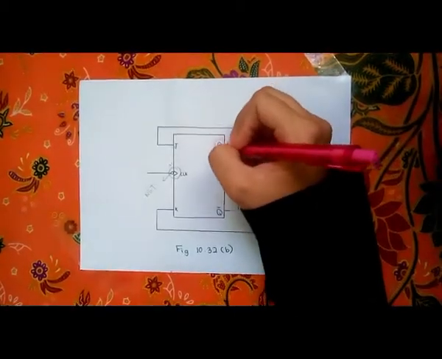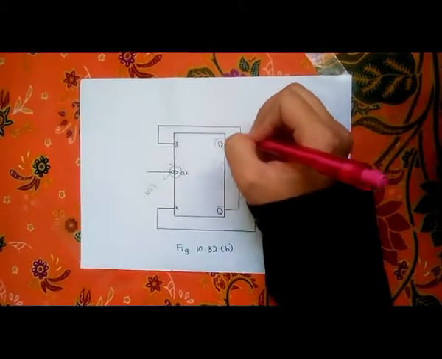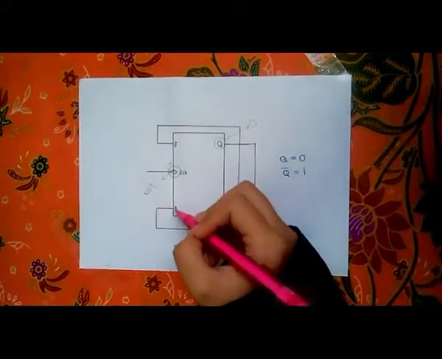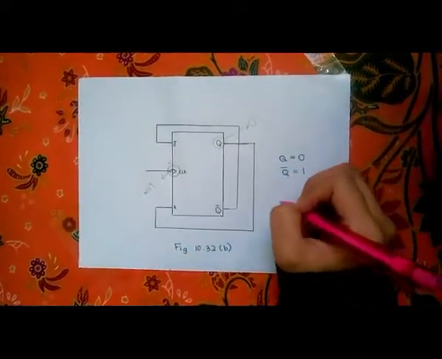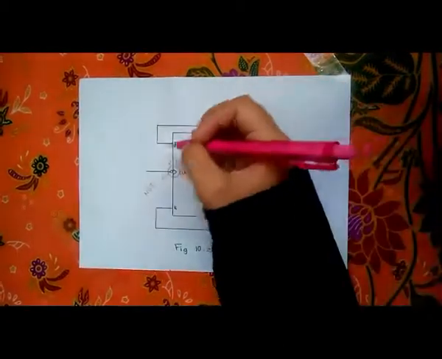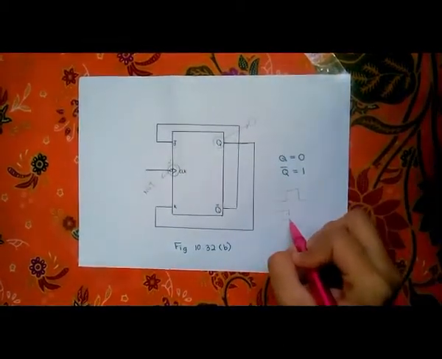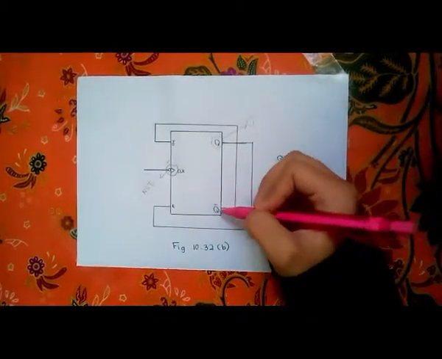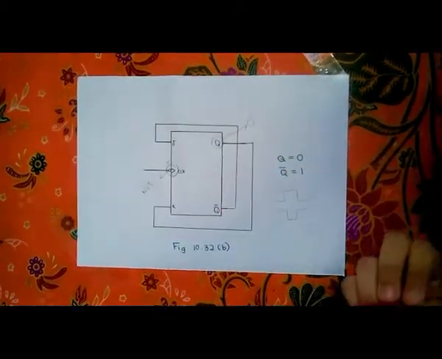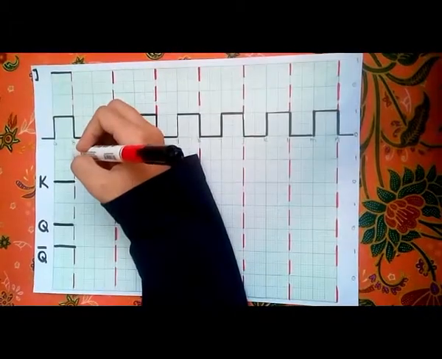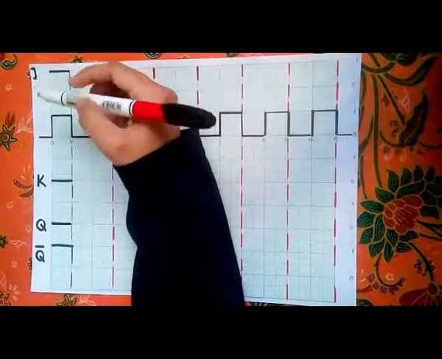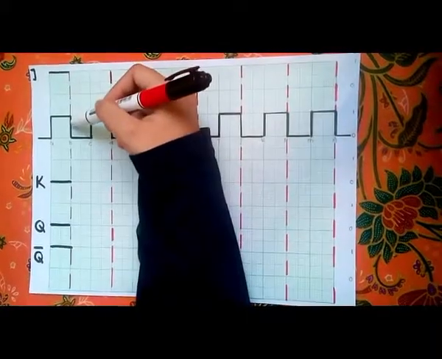The question states that Q is initially 0. So the K will start with 0 and the J will start with 1, since Q is opposite to Q bar. This red line represents NGT and it is located at the second leading edge.